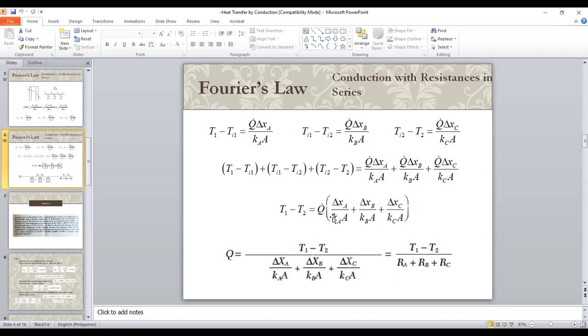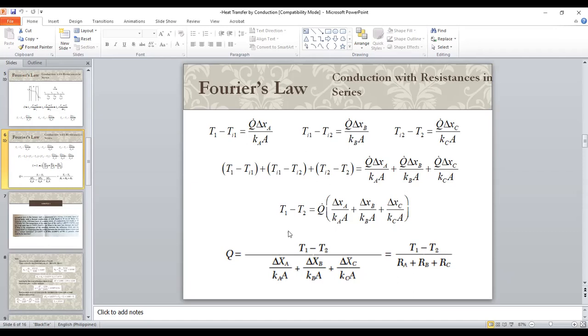And as such, we can see from this general form of the equation that the driving force for our series resistances is equal to the rate of heat transfer multiplied by the summation of the resistances, because we started the previous slide with the individual resistances of our materials. So now these individual resistances are being added in here.